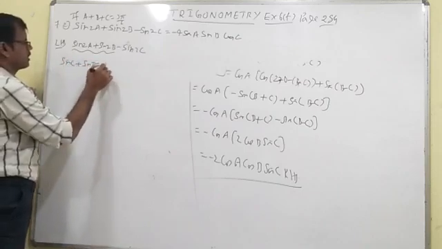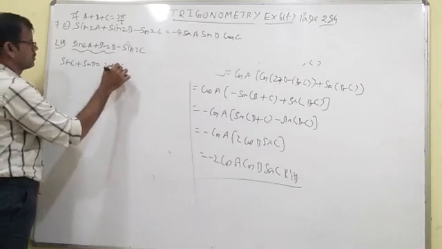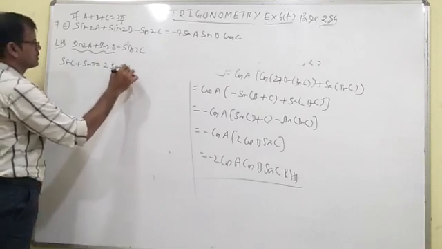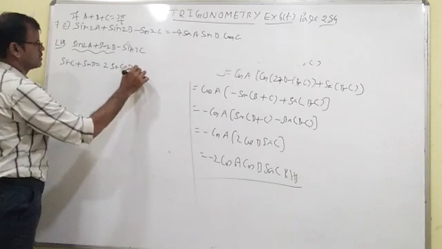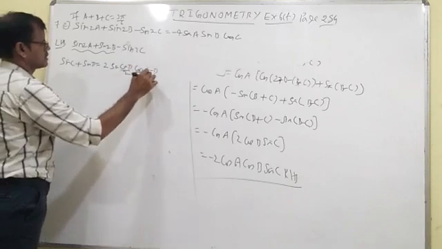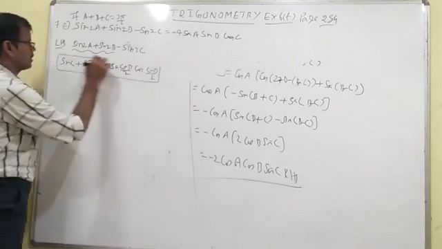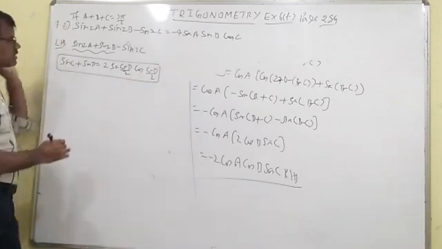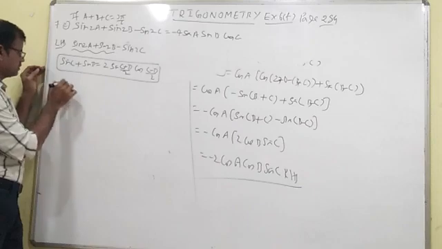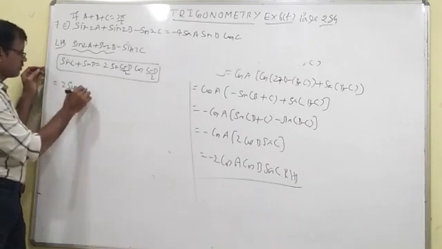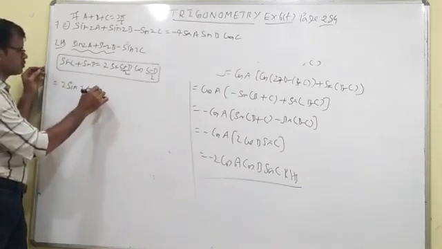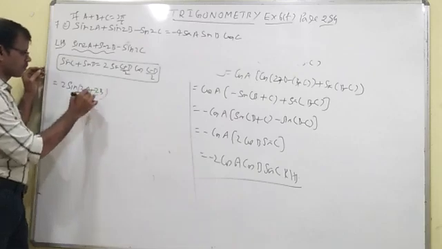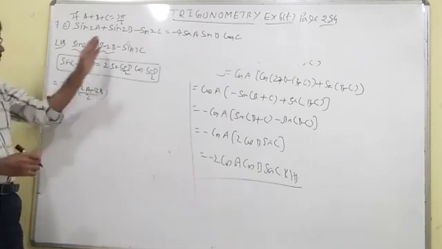Did you remember the formula, boy? 2 sin of (c plus d) by 2 cos of (c minus d) by 2. This is the first formula in the transformation topic. Apply here 2 sin of (2a plus 2b) by 2. From here we start.